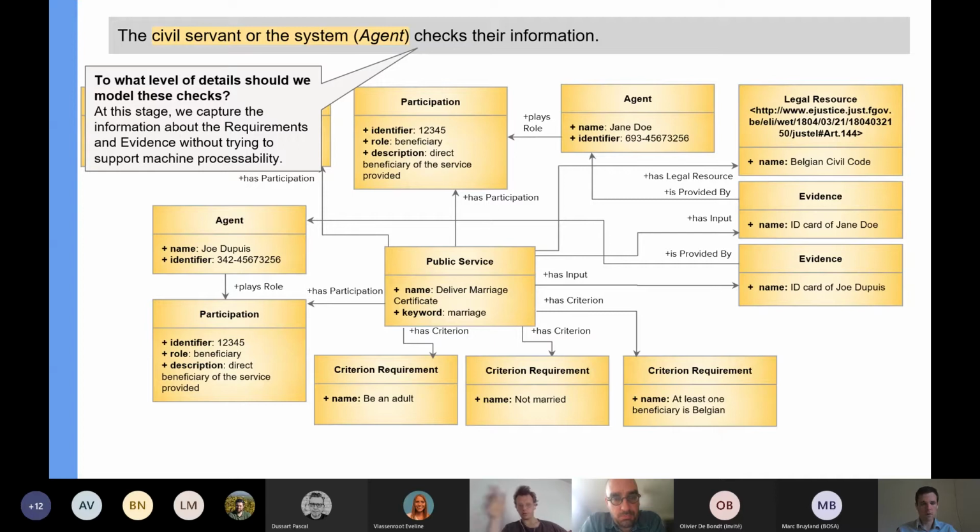Same for the consult Pascal was referring to earlier on. Some partners only need to know the consult was positive in order to move on in the rules of the public service delivery. So I'm missing here a bit at which part in public service delivery the criterion requirement is involved.